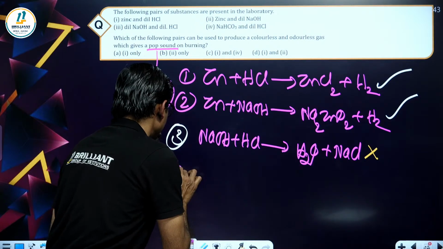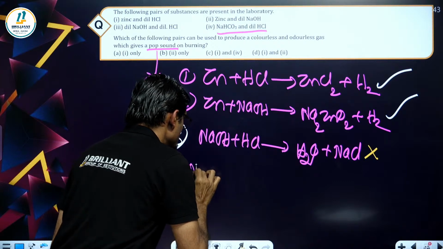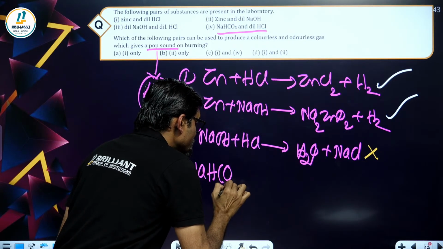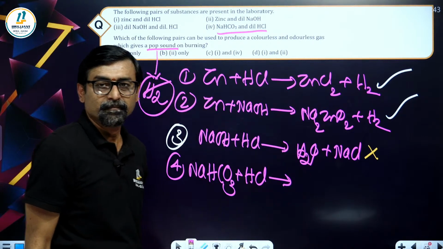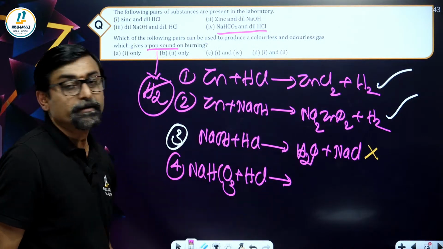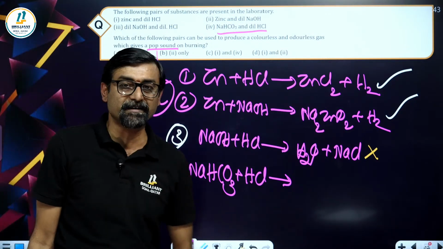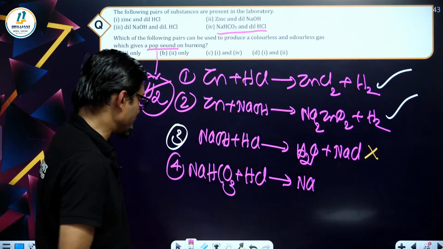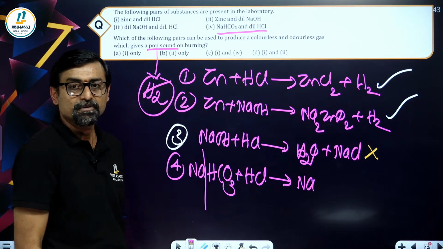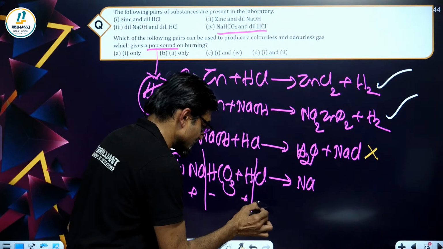NaHCO3 plus HCl. I just wanted to focus on this equation. What is the product formed, and what type of reaction is it? NaHCO3 plus HCl contains a plus and minus, and HCl also contains a plus and minus.